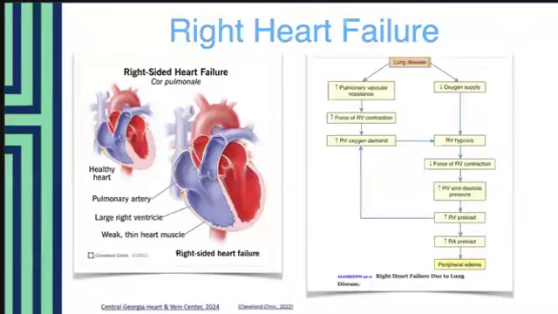Complications include hepatic congestion, renal dysfunction, and arrhythmias. Treatment includes management that can be medical or surgical, depending on the severity and what underlying causes are there.